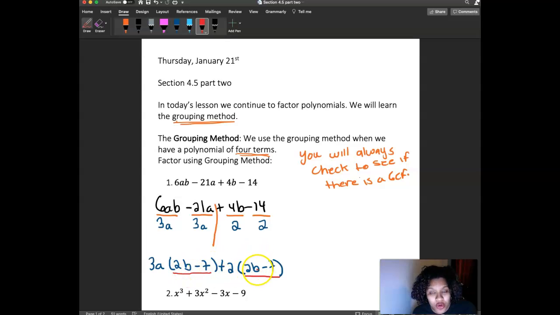Since both binomials are the same, we're going to go ahead and rewrite it. We're going to say 2b minus 7. They're both the same, so you're going to factor 1 out, leaving you with 3a plus 2. I'm going to put that here. 3a plus 2. Close parentheses.